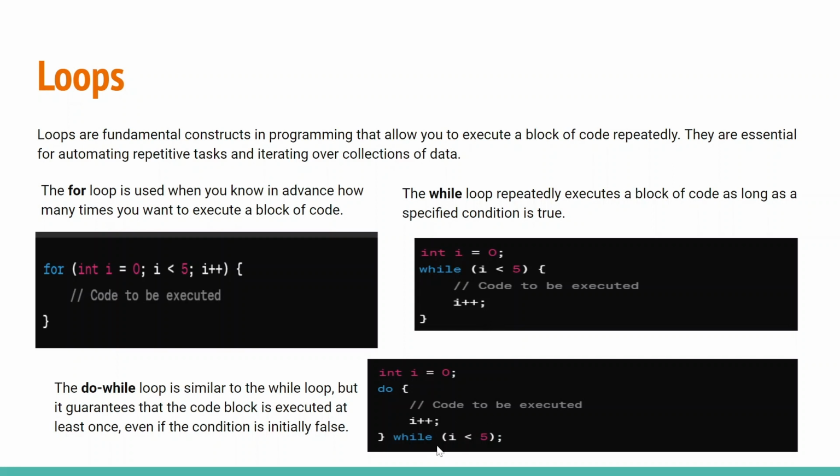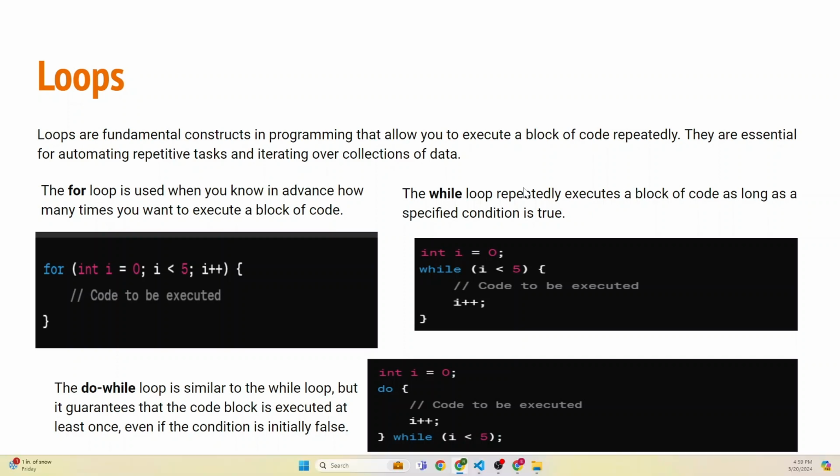In the do while loop, we are initializing it, first we are executing the code and incrementing it, then we are checking the condition. There are some situations where we use do while versus for, but most of the time people use for loop, but there are some specific use cases where we will be using this. To wrap it up, in the loops slide, there are broadly three: for loop, while loop, and do while loop.